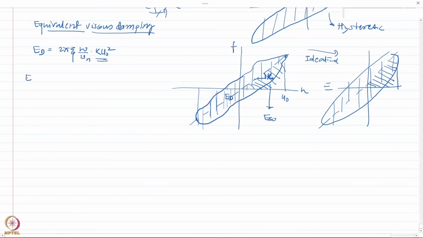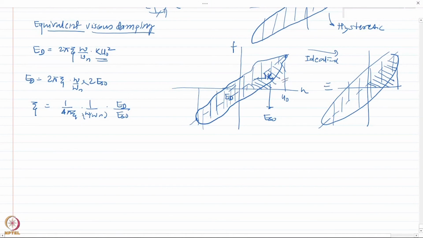So this can be further written as 2 pi zeta omega by omega n, 2 times ESO. So zeta I can write as 1 by 4 pi times 1 by omega n times ED by ESO, where ED is the experimentally determined energy dissipated in a single loop, and ESO is the strain energy calculated using the effective stiffness and the amplitude.